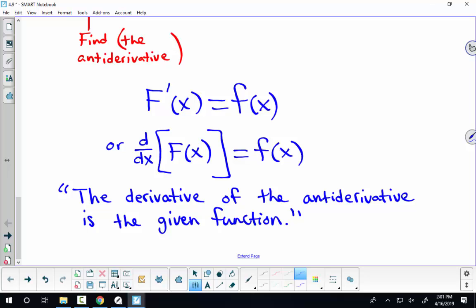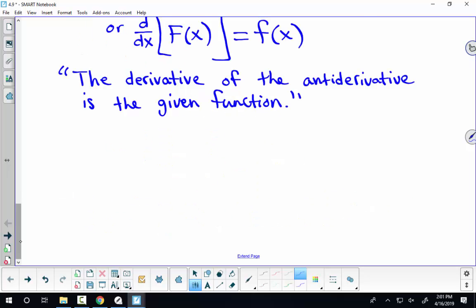So this is like the square of the square root gives you back the input or the function, right? So the process of taking a derivative versus the process of taking the antiderivative, they're inverse operations or inverse processes of one another.